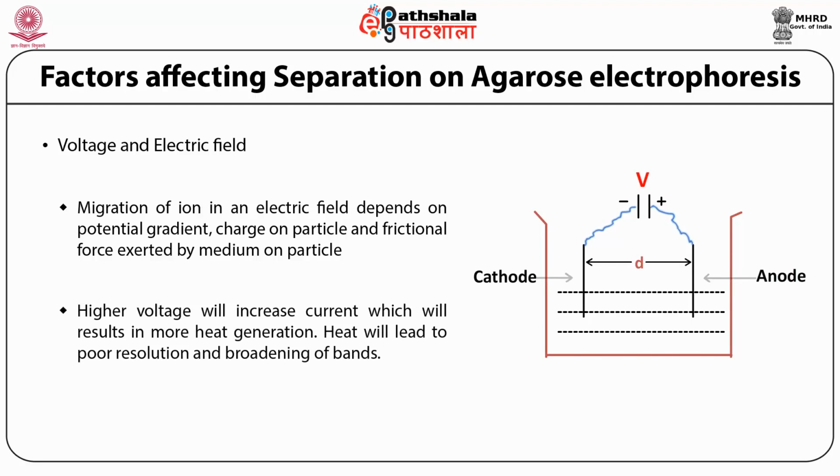Higher voltage will increase current, which will result in more heat generation. Generated heat is to be efficiently dissipated, otherwise it will lead to poor resolution and broadening of bands.